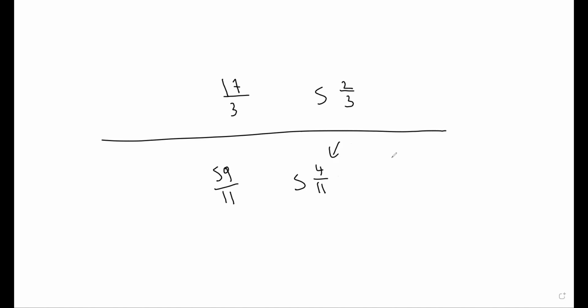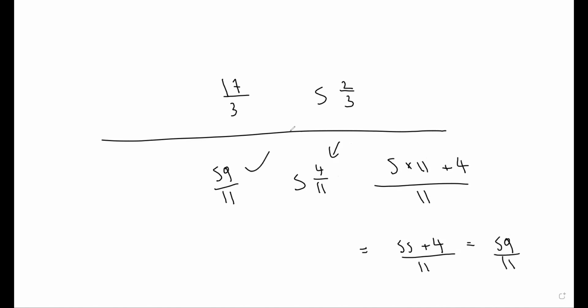But you could do 5 times 11 plus 4 over 11. So that's 55 plus 4 over 11, and you get 59 over 11. Your answer is correct. You don't have to do that because there's no point in doubling the amount of work, but if you want to check, you can do that.